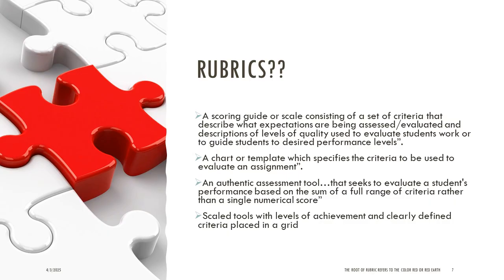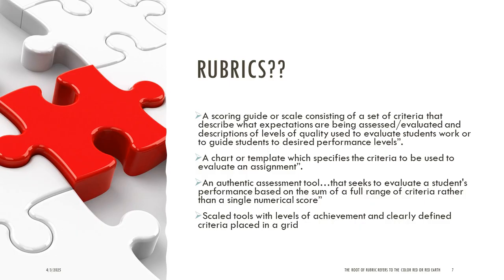How do we define rubrics? There are several definitions for rubrics. We can call them a scoring guide or a scale consisting of a set of criteria that describe what expectations are being assessed, and the descriptions of the levels of quality used to evaluate the student work or to guide the students to the desired performance levels.